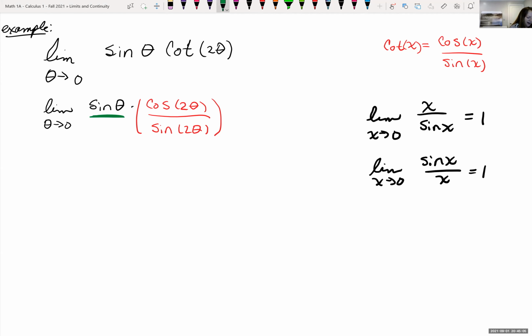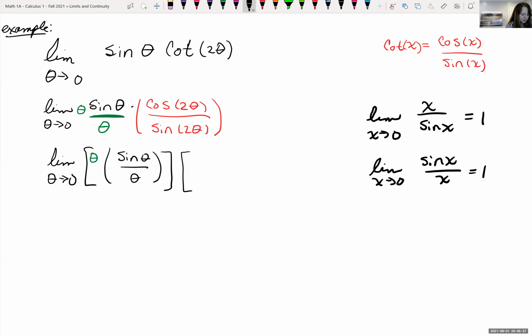I can multiply by a fancy 1 of theta over theta. So this is theta goes to 0. Let's keep that theta right here, all times the sine of theta all over theta, which we wanted.